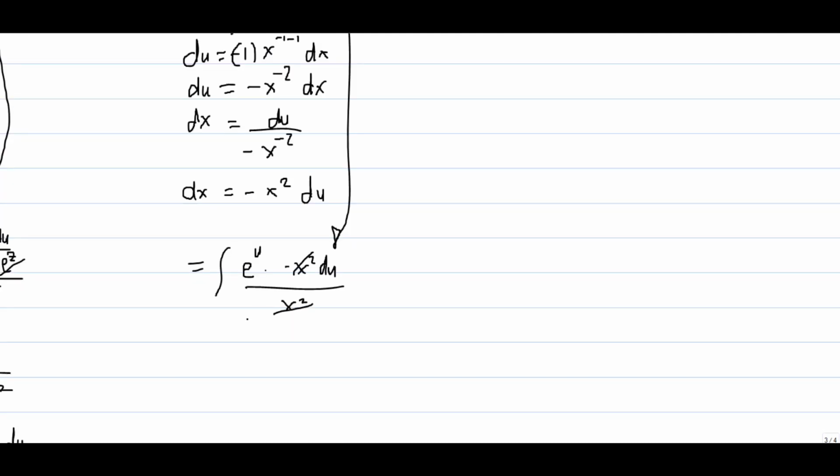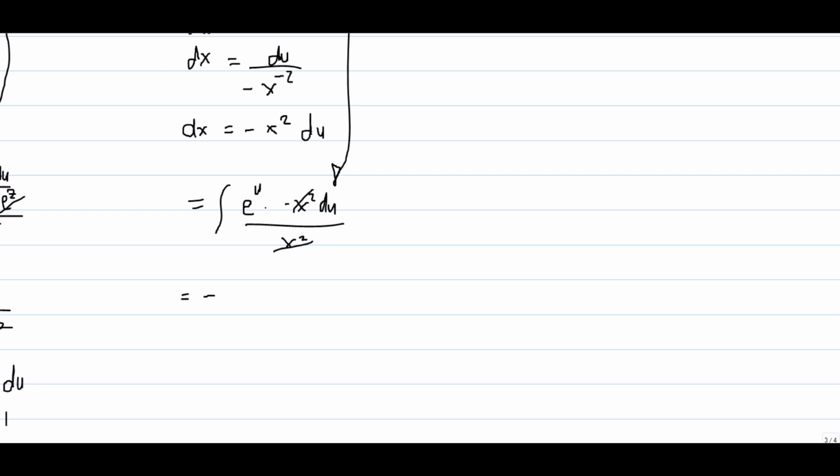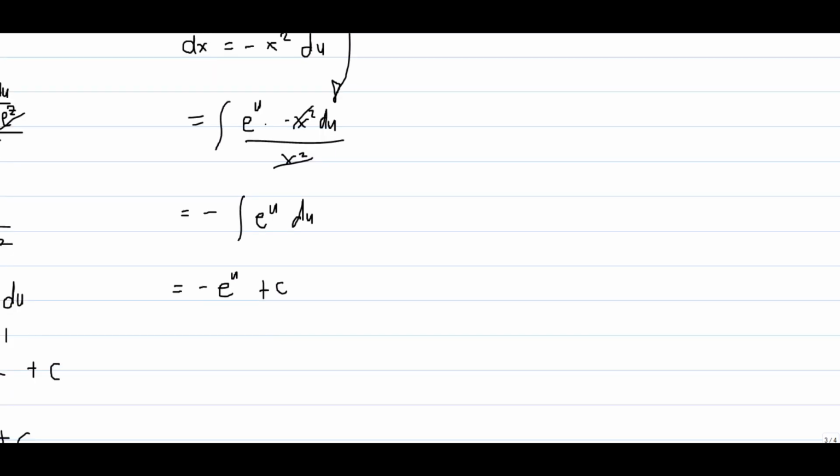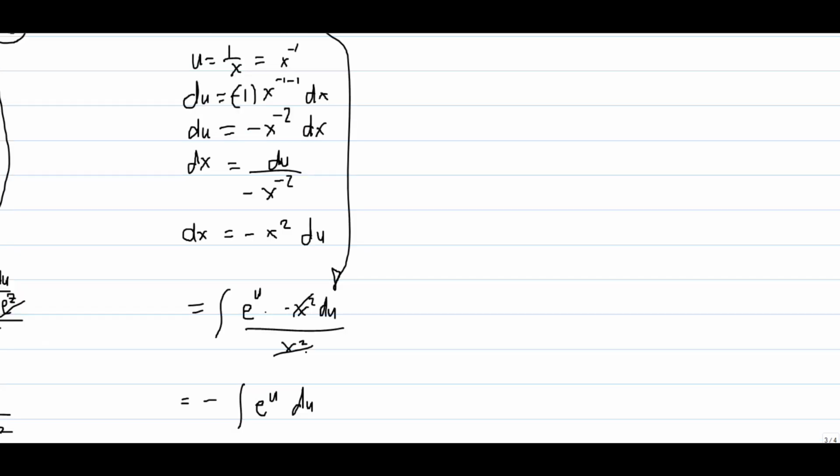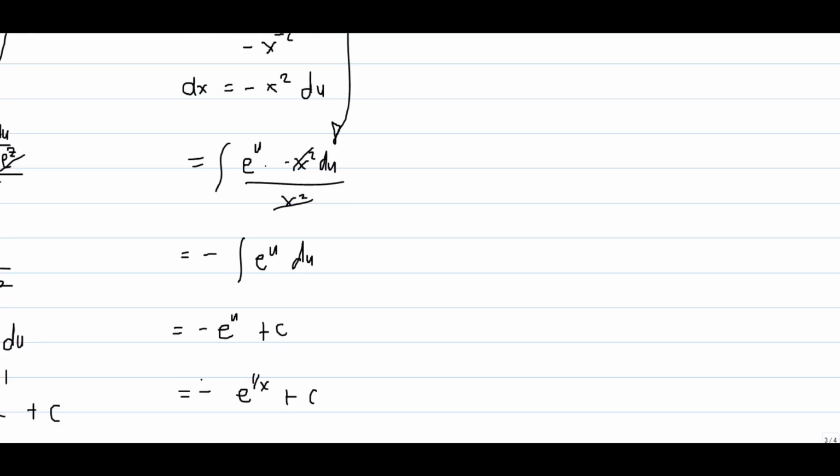So we have negative the integral of e to the power u, then du. Okay, so negative e to the power u, then plus c. Okay, substitute the value of u. So we have e to the power 1 over x plus c. Okay, so that is the final answer.